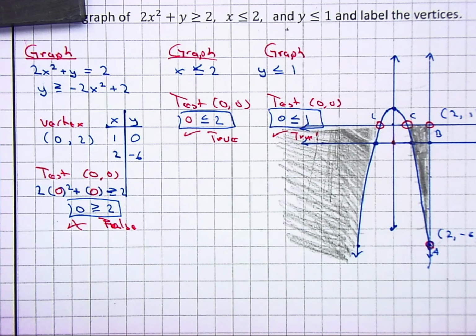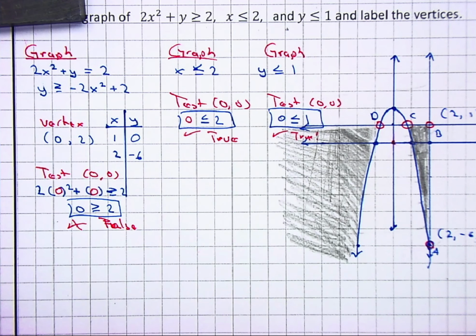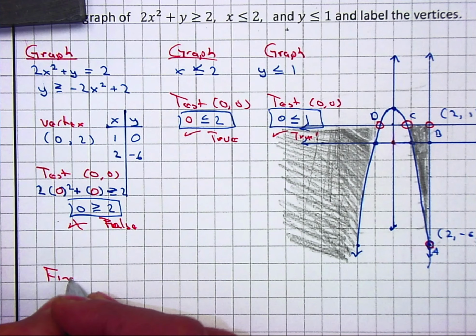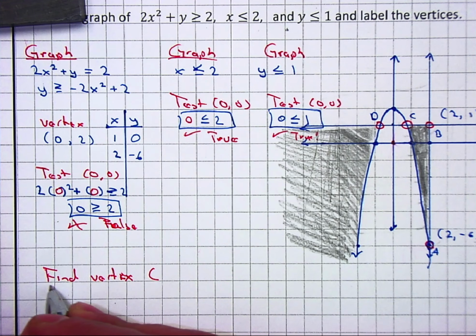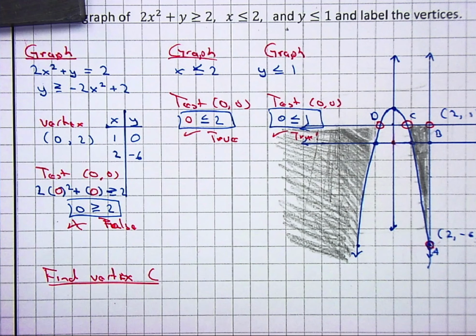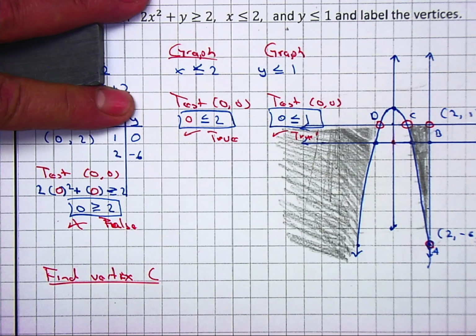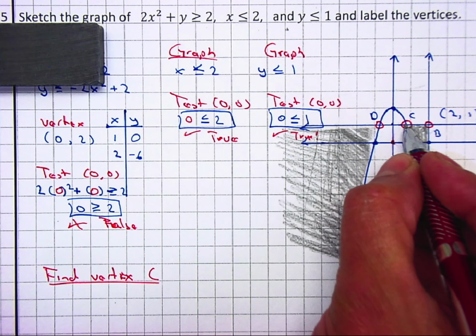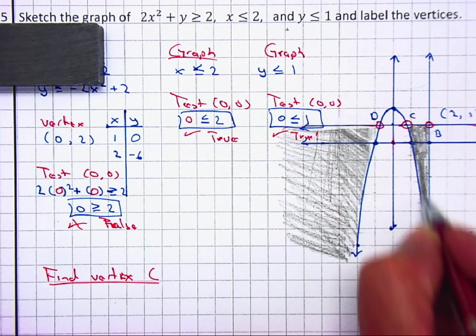So let's go and find vertex C first. And if you notice, this vertex is made out of this horizontal line and this parabola.